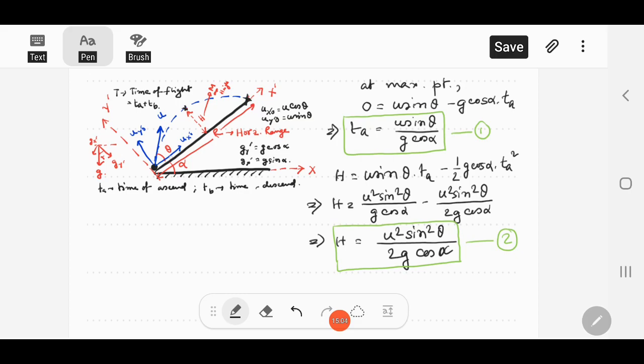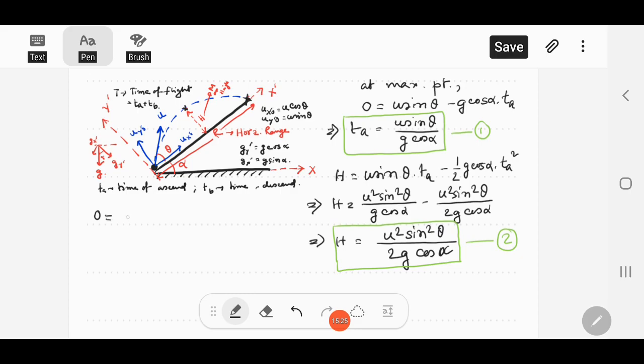If we consider the initial and the final point, the net displacement along the y dashed axis, or along the vertical, is 0. So if we apply the formula h is equal to ut minus half g t square here, we get 0, the net vertical displacement.